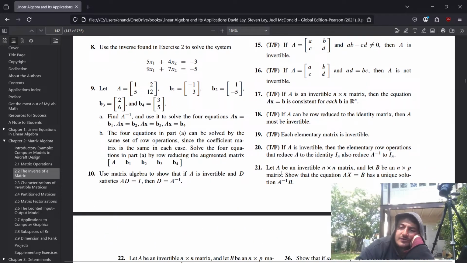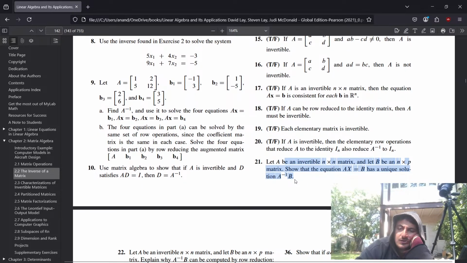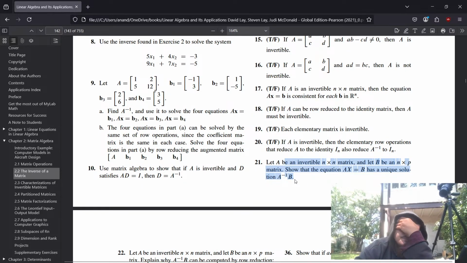Let A be an invertible n by n. Let B be an n by p matrix. 21 seems pretty good.